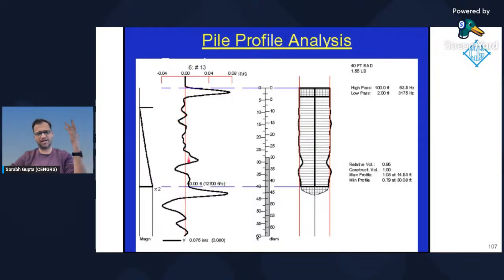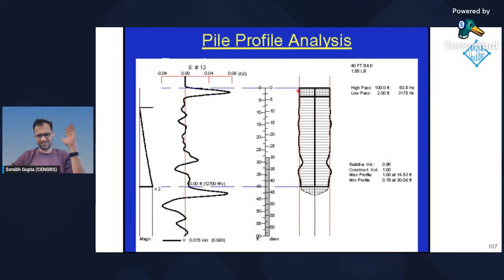So this is just a visualization tool, and this is what it looks like. This is the actual PIT result, no doubt. We have the head response, the tail response. We've just turned this by 90 degrees. And the profile analysis is a visual depiction of the pile shaft impedance with depth. In the time domain analysis, we would have noted that this part here, around 30 feet, I think, is a reduction of pile impedance.